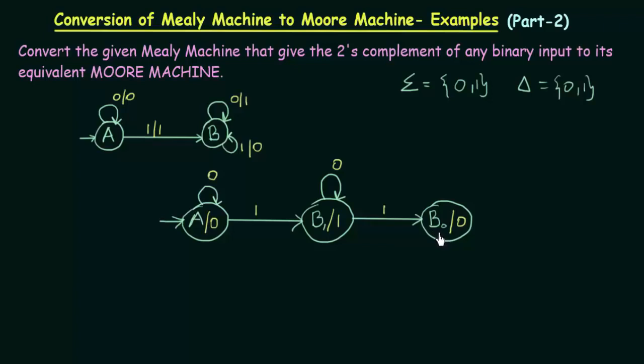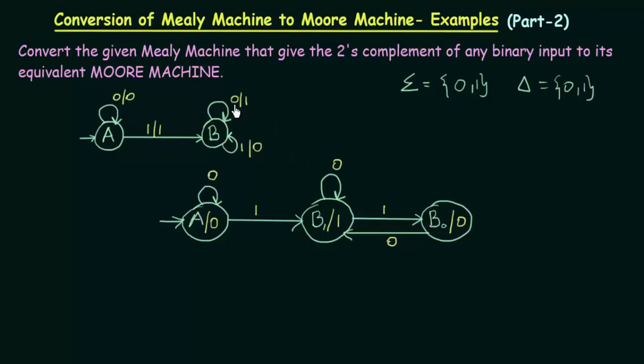In order to complete B0, we have to use this state B over here, and we see that B on getting input 0, it goes to B itself and should give output 1. So I will send this B to this B1 over here when it gets the input 0. And why did I do that?